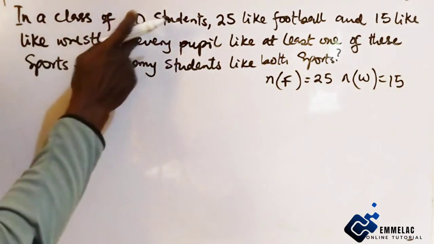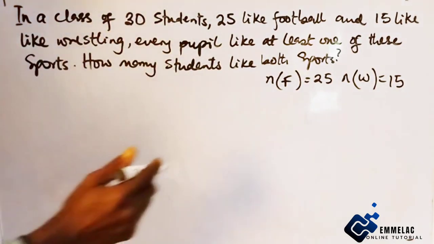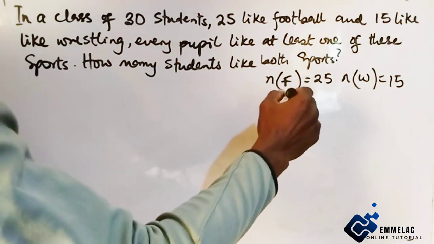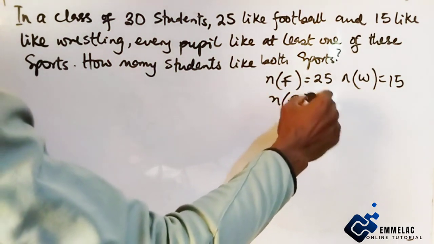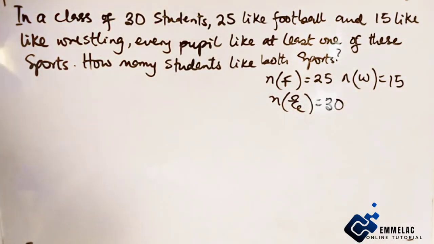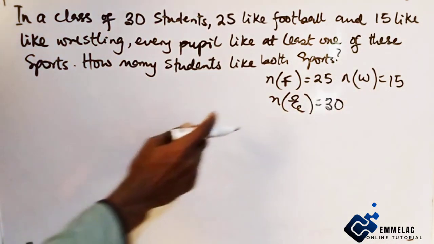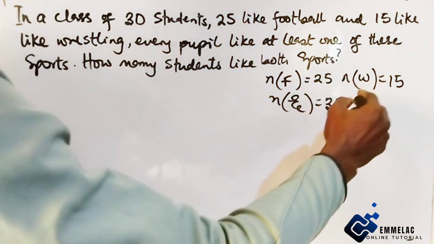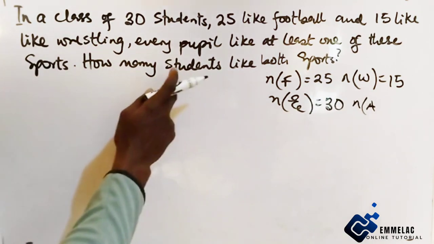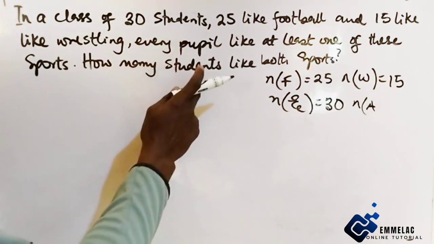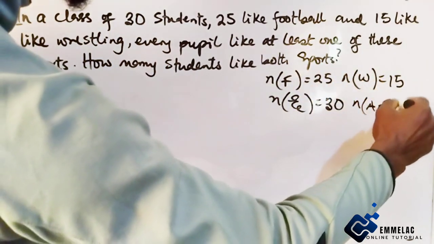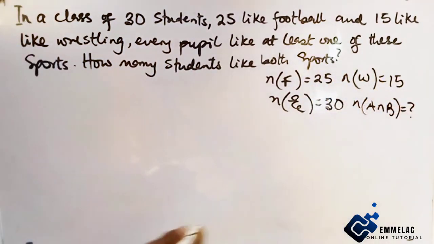In a class of 30, the universal set is giving us 30. The number of those who like both, that's the intersection, is unknown.